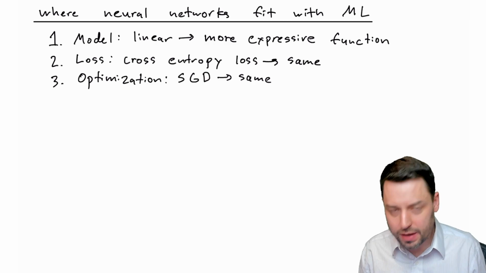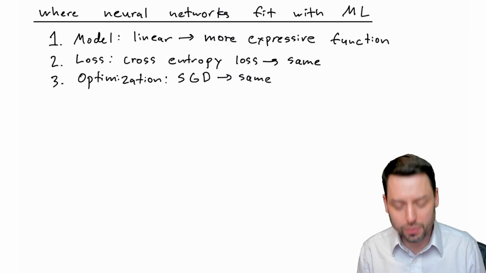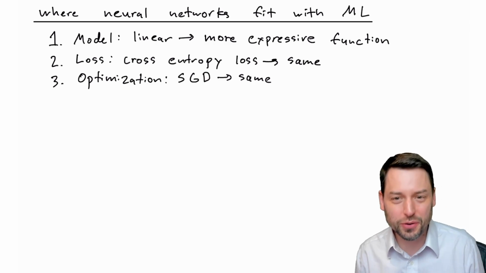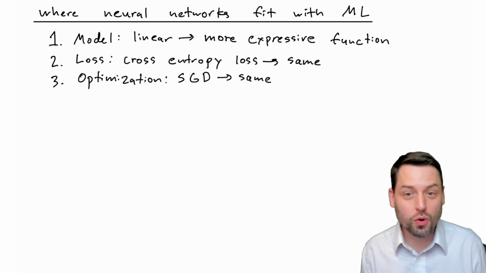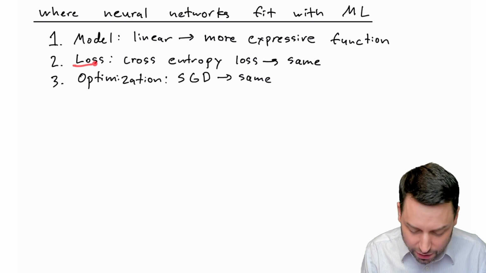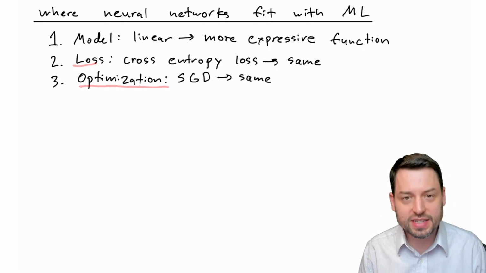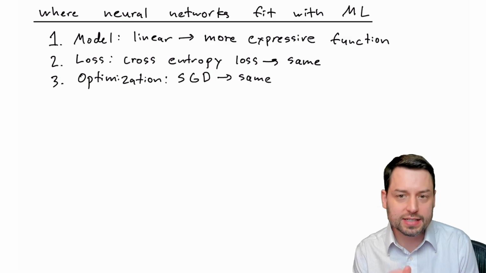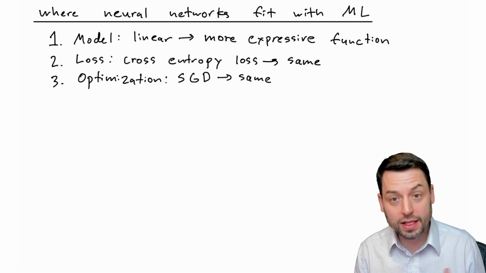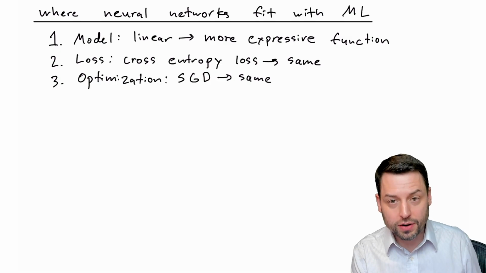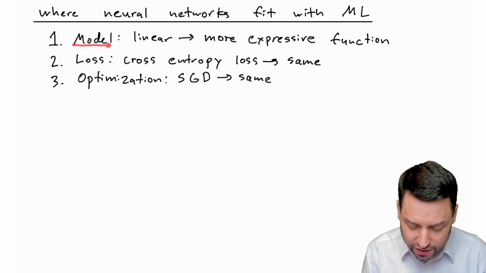That's basically how we build a neural network for machine learning. It's actually quite similar to what we talked about before, because the loss and the optimization stay exactly the same. In fact, you can use the exact same code you wrote for a linear model as you do for a neural network. All you have to change is the model.